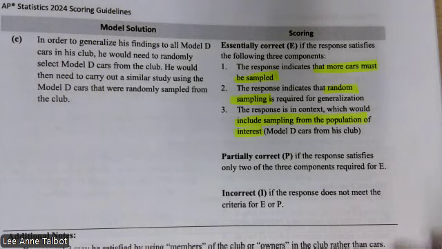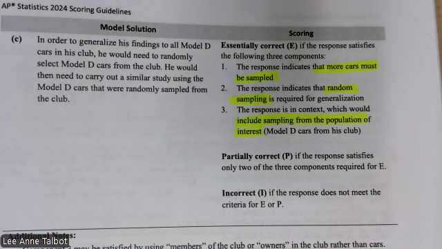Does anyone want me to hear what they wrote and see what I think? Yes. I mean, that would be a census. Because then you could definitely generalize to all members of the club if you asked all the members of the club. No, a random sample from all of them. So what did you say?